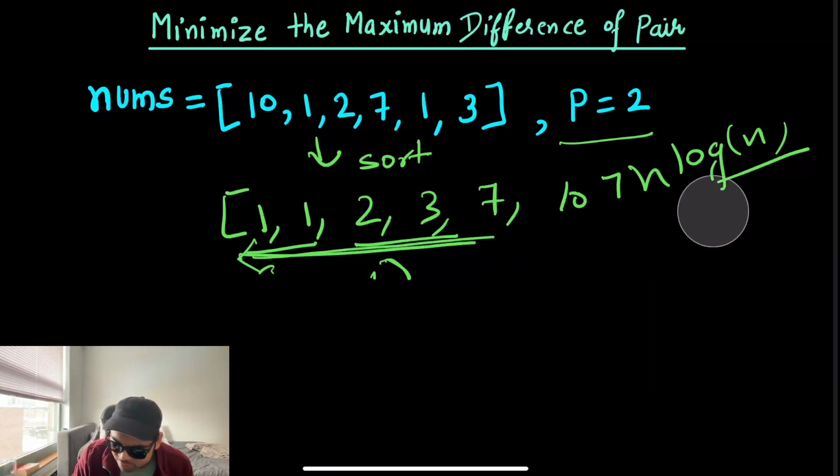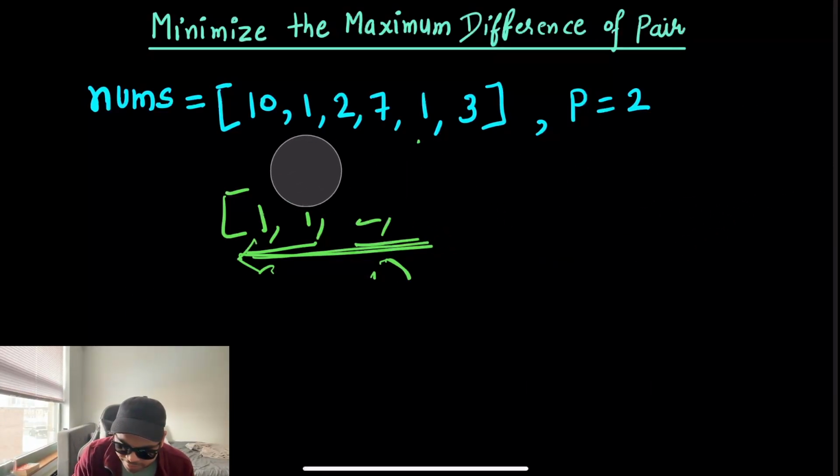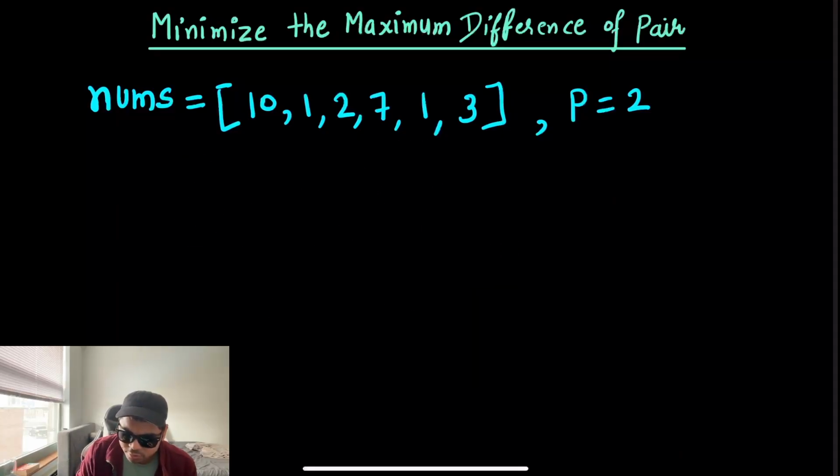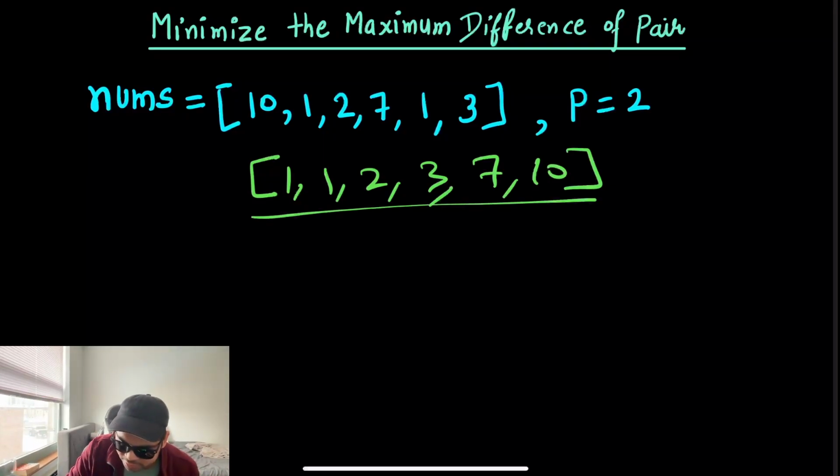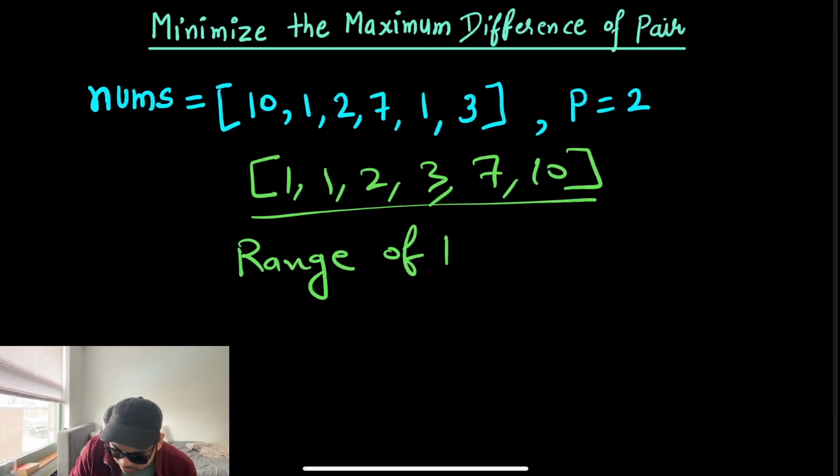So let's say first we have this sorted list: 1, 1, 2, 3, 7 and 10. Now we have this sorted list. What we want to do is see what will be our range of difference values.